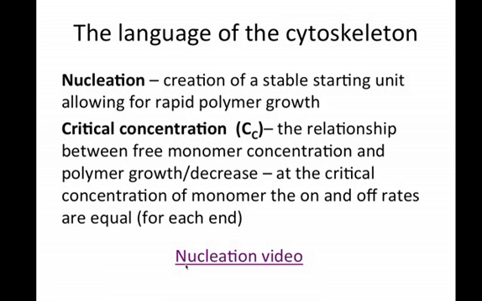And that's the stable starting unit that allows for rapid polymer growth. We'll see a lot of the proteins we're going to learn about are involved in nucleation, which is creating this stable starting unit, and that promotes microtubule growth or actin polymerization.